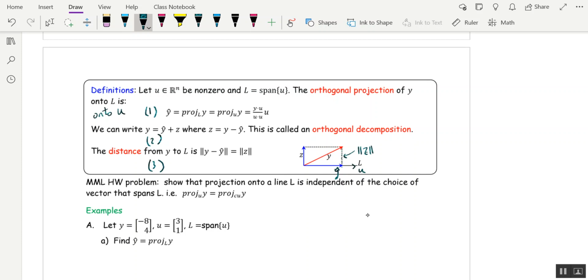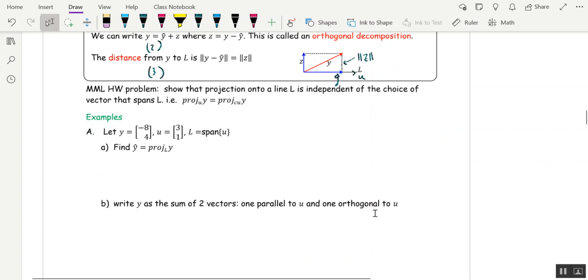Okay, so let's do an example. We've got a vector y, we've got a vector u, and L is the span of u. Find y hat equal to the projection of y onto L. So y hat is y dot u over u dot u, times u.